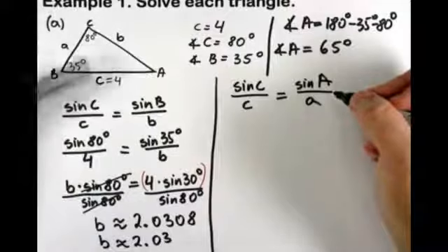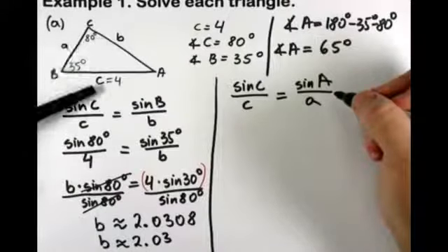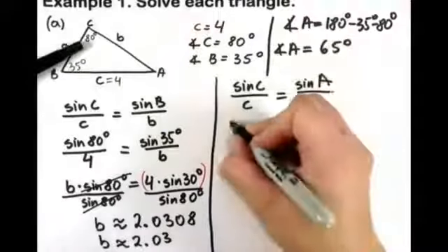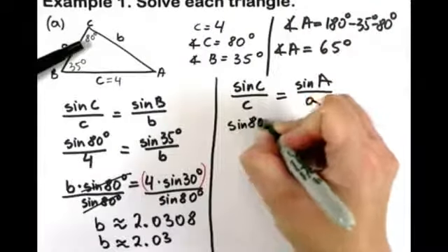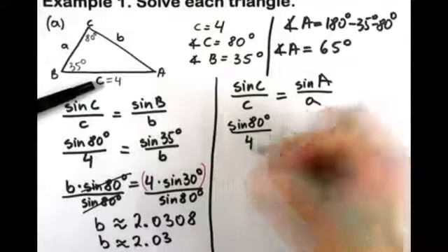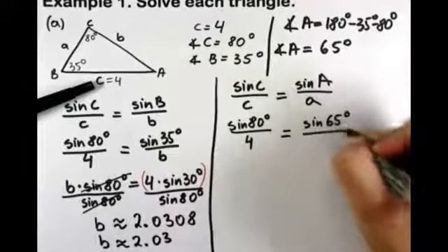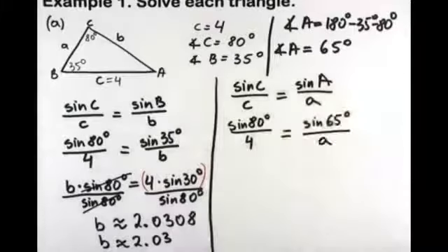But since the given data is reliable, it is beneficial to keep using it. So sine 80 degrees over C, which is 4, is equal to sine 65 degrees over A, which we need to find.